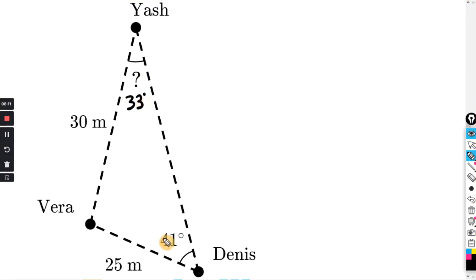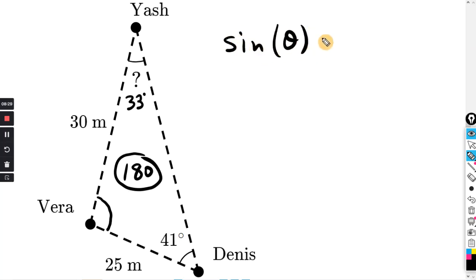Does the answer make sense? Well, I think so, because this looks like it's at least 90. Okay, we know the angles inside of a triangle have to add up to 180. All right, we did say at the beginning, the sine of theta equals the sine of 180 minus theta.